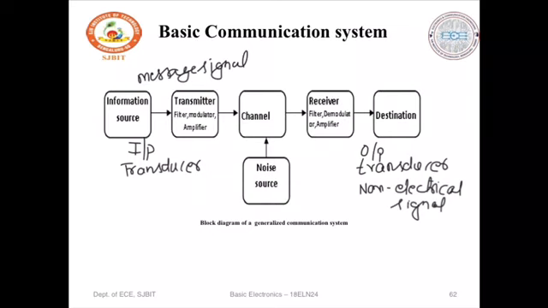The transmitter couples the input message signal to the channel, or the medium. It is a collection of electronic circuits which are designed to convert the message into a signal suitable for transmission through the given channel.